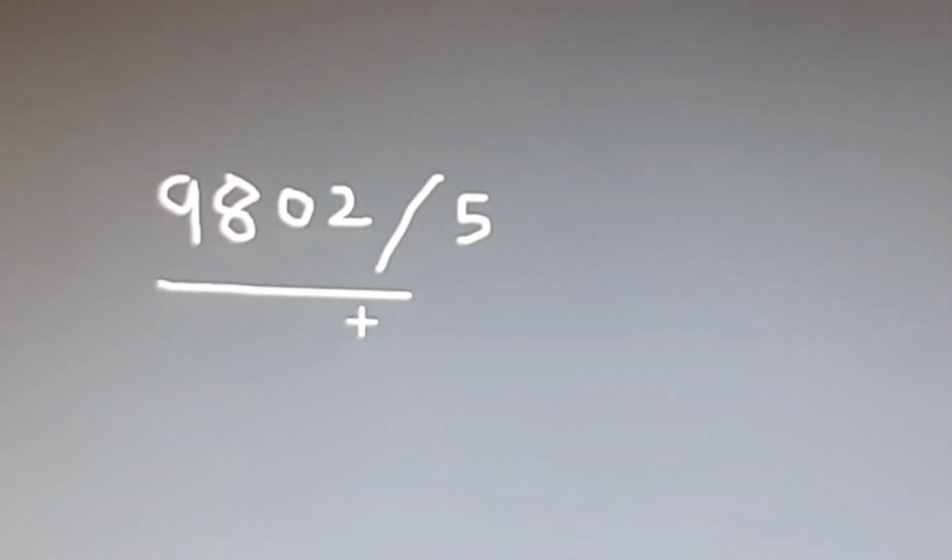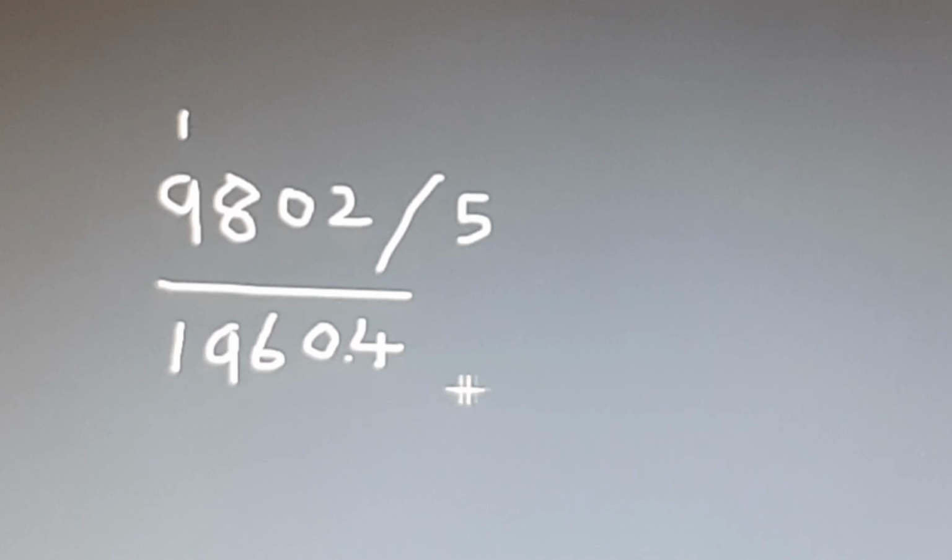Double of 2 is 4. Double of 0 is 0. Double of 8 is 16. You have to put 6 here and the carry forward number will come here. And double of 9 is 18 plus 1, 19. Your answer is 1960.4. That is the answer.